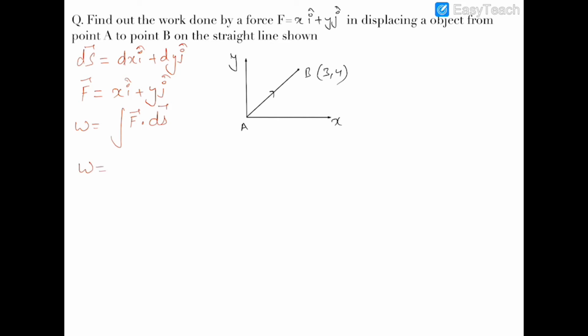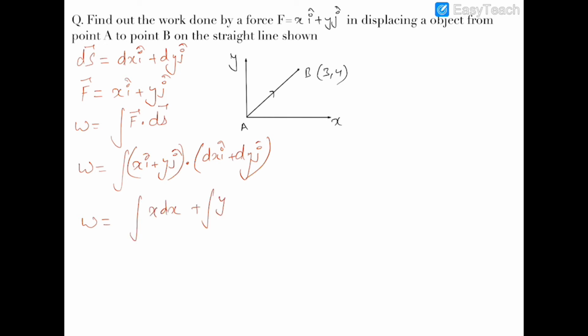Now work done will be integration of F, which is x i cap plus y j cap, dot ds, where ds is dx i cap plus dy j cap, and the limits will be applied later on as we get integration of x dx plus integration of y dy. Now in the first term, the limit will be of x coordinate, and hence it would be 0 to 3, and in the second term the limit will be of y coordinate, and hence it would be 0 to 4.